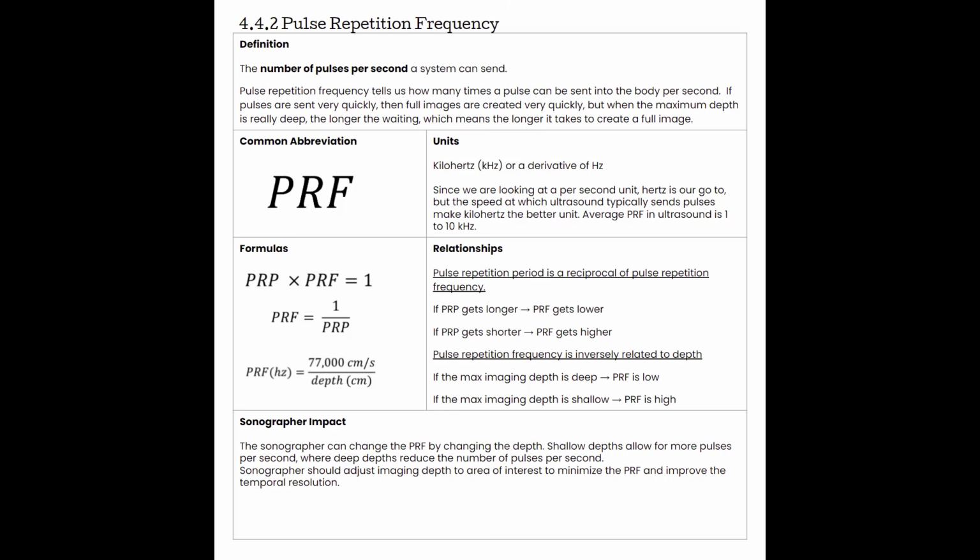The shallower the depth the image is set to will increase our PRF, which means we can create more frames per second because we are sending out more pulses per second. If we increase our depth, we're going to start to see a worsening of our temporal resolution because we cannot make as many frames, because we cannot send out as many pulses per second.